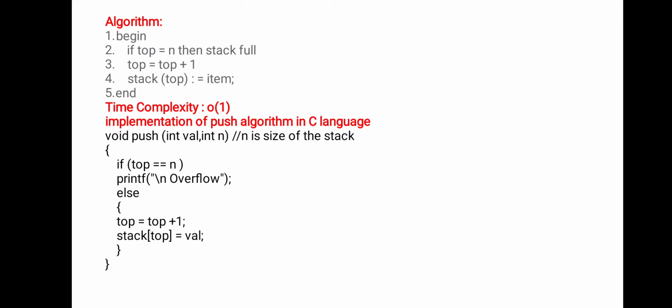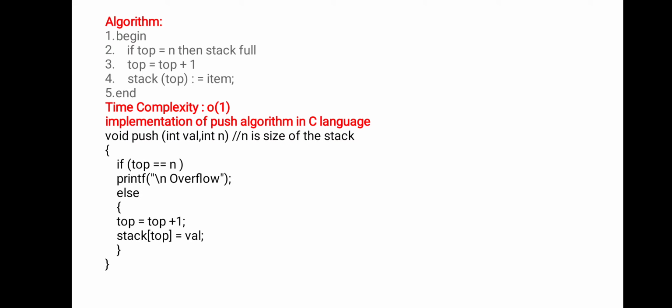Is 6 equal to n, which is 10? No, because both are not equal. It goes to the else part, and top is equal to top plus 1. Top 6 plus 1 is 7. Top is incremented to 7, and stack of 7 equals val. So the new value which is inserted into the stack is placed at the 7th position.